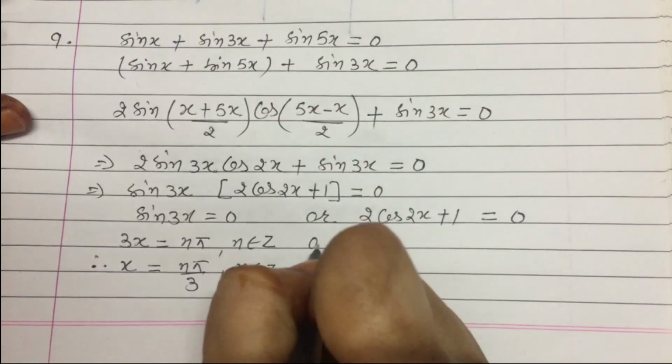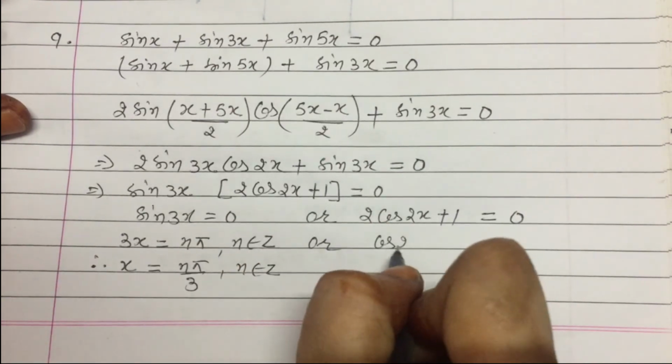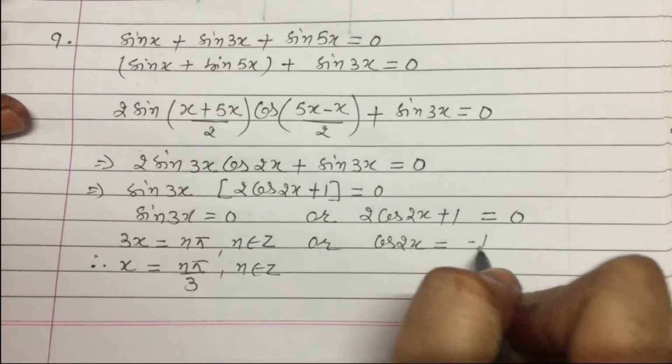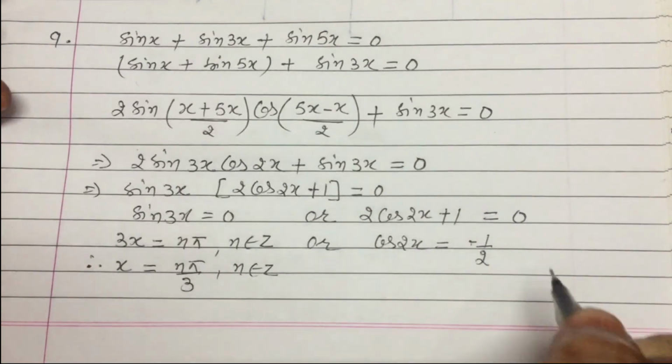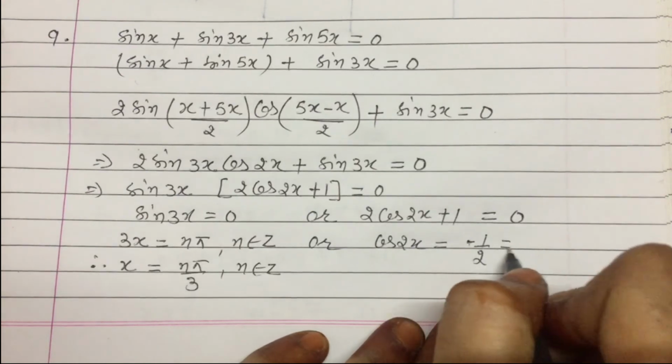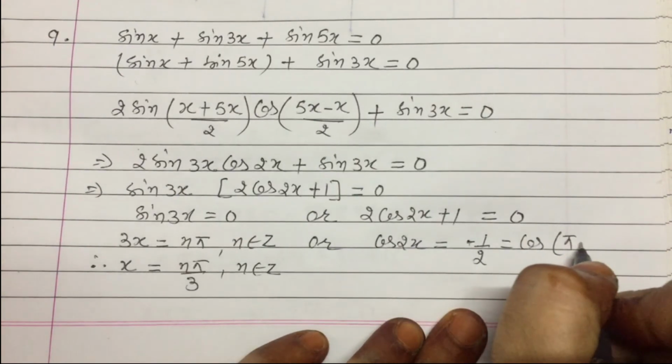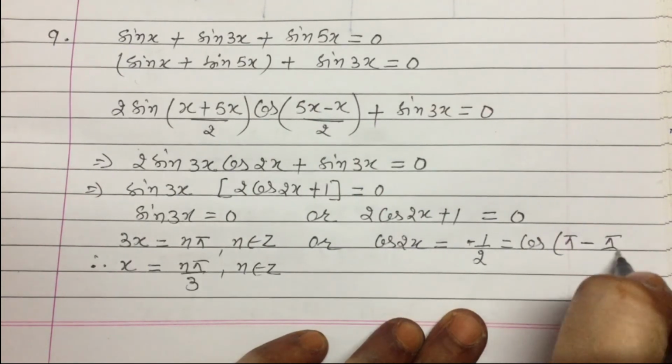And from here cos 2x is equal to minus 1 by 2. Now cos is negative in second quadrant, so we can write here cos (pi minus pi by 3).